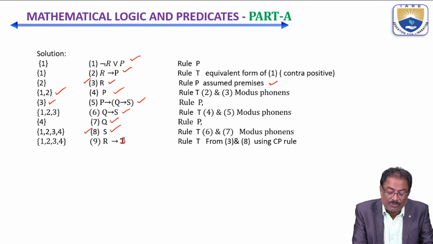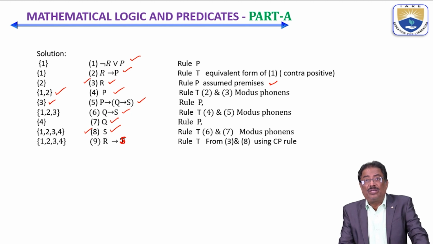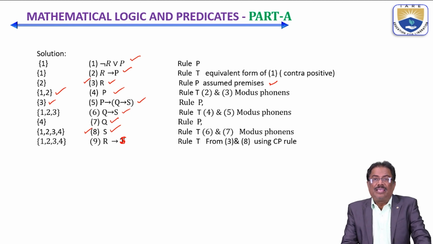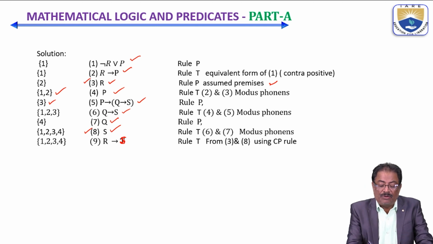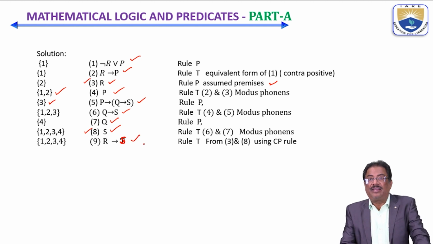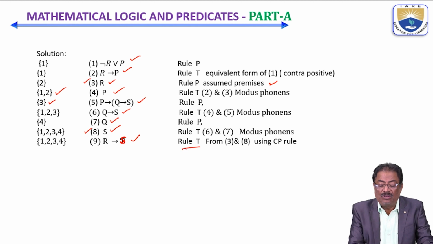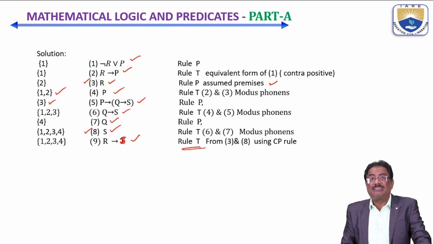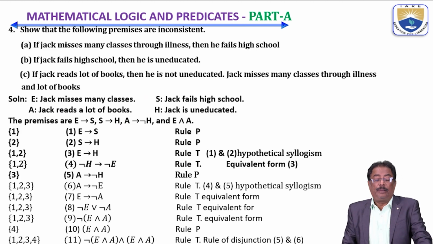So if P is true, then Q is true, then automatically if P to Q is also true, then we can say that if R then S is also true. So this is the way that we are going to do the problem.